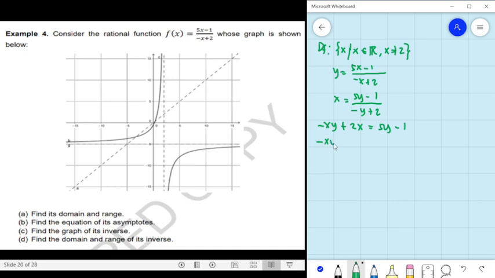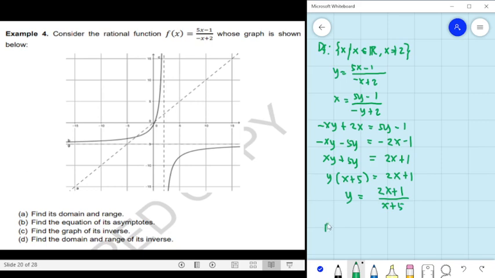Then negative xy minus 5y equals negative 2x minus 1, or positive xy plus 5y equals 2x plus 1. Take out the common factor y: y times (x plus 5) equals 2x plus 1.